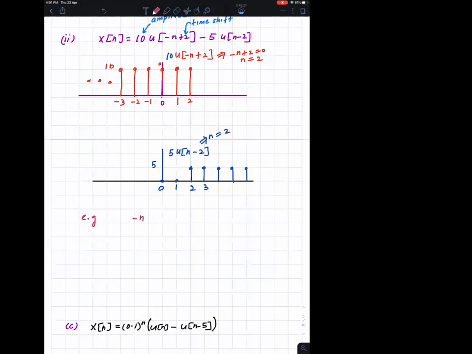u of minus n is a signal that's going this way.